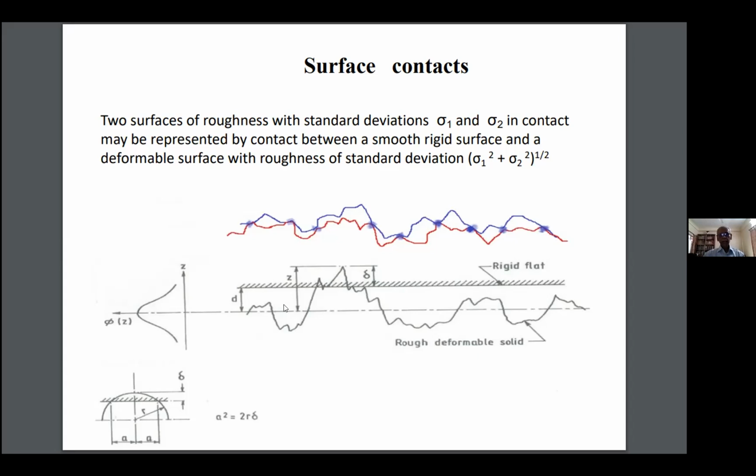Now, as we go ahead, the first thing we need to understand is that as the peaks are being deformed, we need to know what the shapes of the peaks are. If you look at this peak, it looks like a very sharp peak. But in reality, the peaks are never sharp like this. They are rounded.